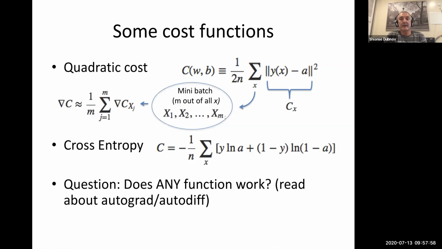function that is important, and we'll talk about this a little more at length, is the cross entropy. Cross entropy is very often used with categorical variables. In that case, we might want the output to be a probability of some categorical answer. So we have a binary variable: we want y to be either 1 or 0, and a would be the probability of that answer.